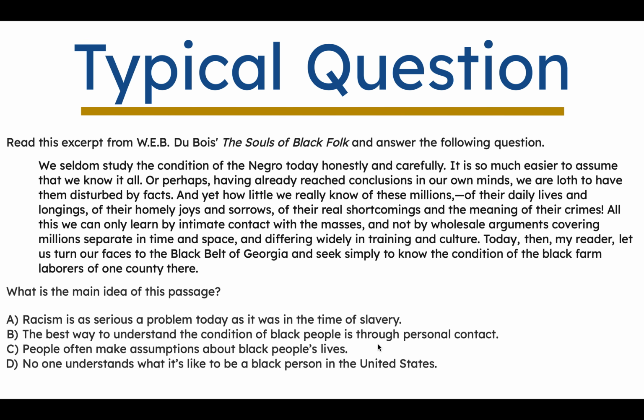C: people often make assumptions about black people's lives. Well, it does say, it is so much easier to assume that we know all about the condition of black folks, or perhaps having already reached conclusions in our mind, we are loath to have them disturbed by facts. That's about making assumptions. Is that the main idea? I don't know, but like B, it's a pretty solid answer. So B and C I'm going to keep around.